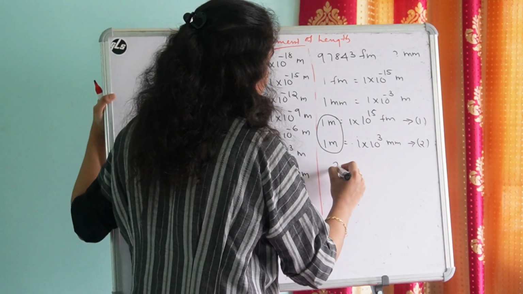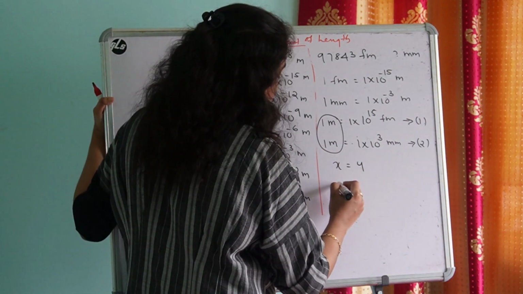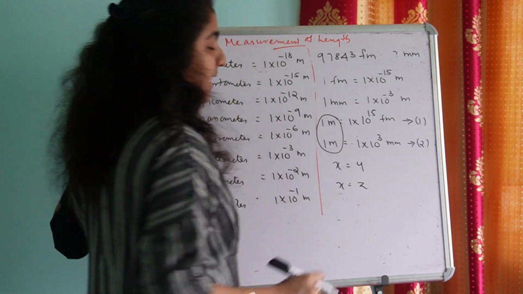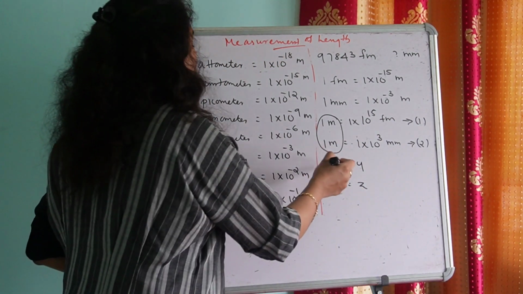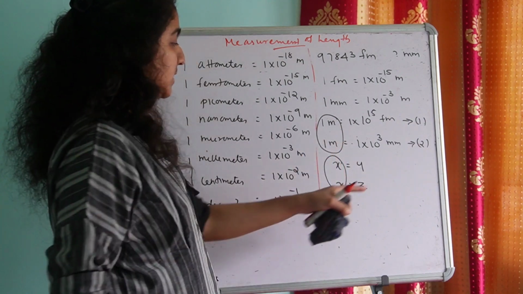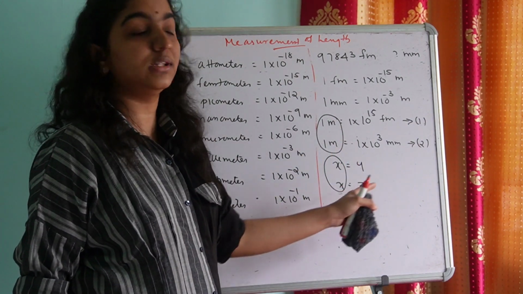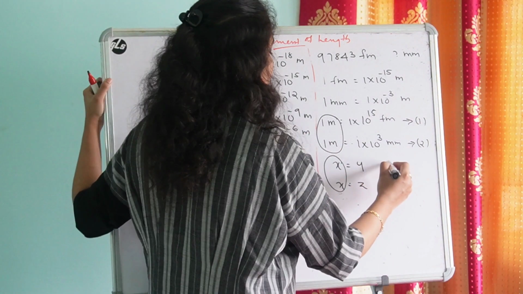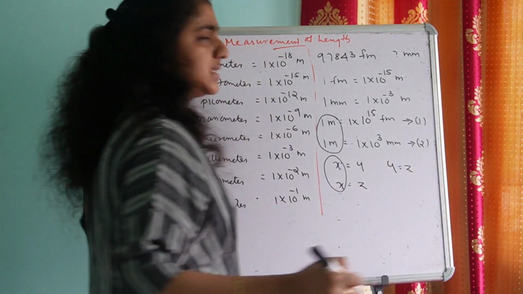That is, suppose it is given x is equal to y and x is equal to z. So the value on one side of the equal sign is the same. So we can say y equal to z or z is equal to y.